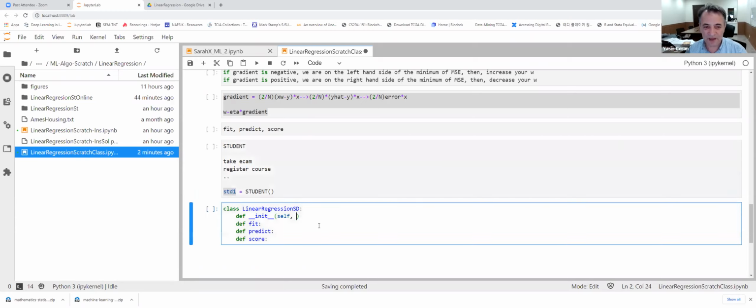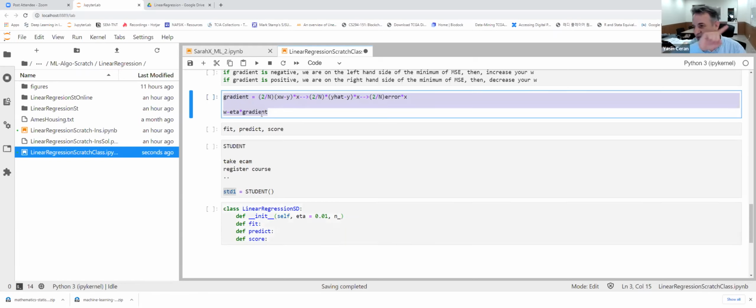Whenever I create one instance for my linear regression, I need to assign a value for eta. Let's assign an initial value of 0.01. You can change this later on. You can assign different values to eta, and then I'm going to repeat this gradient procedure. Remember, we were going to go step by step.